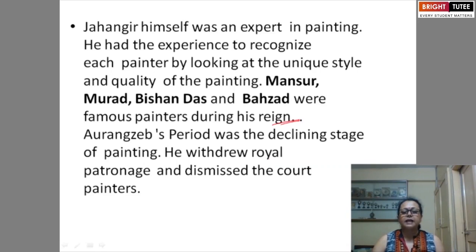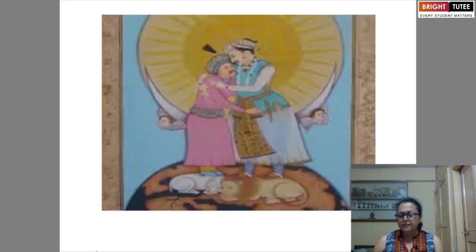So as an orthodox, he was all against it and he withdrew royal patronage and dismissed the court of painters. So this was the work done during the period of Aurangzeb. This is Jahangir appreciating art and the artists.